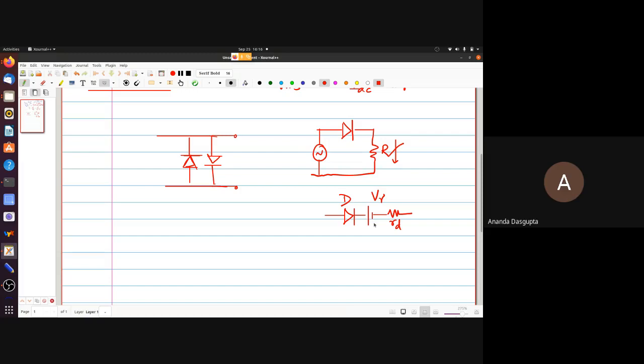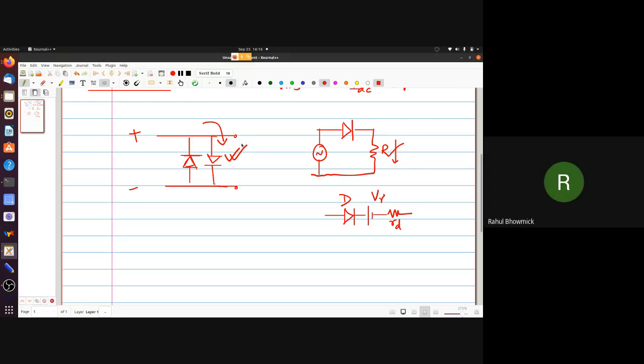Now, if you have two diodes in parallel, then either this side is positive and this side is negative, in which case this diode becomes forward biased. At the moment it becomes forward biased, current flows through it, and of course no current will flow through the other one because it is reverse biased. So how much is the voltage drop across this one?